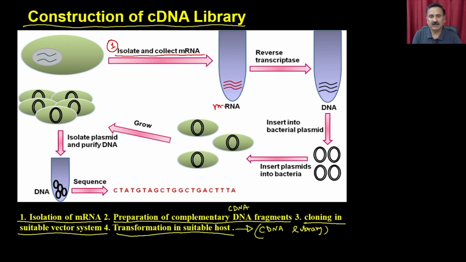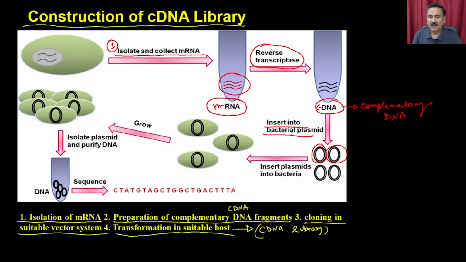Once you have the messenger RNA from the cell, which is the total messenger RNA, you use it with the help of the enzyme reverse transcriptase to synthesize the DNA which is called cDNA. cDNA means complementary DNA, complementary to all the messenger RNA you have isolated. Once you have the complementary DNA, you can insert that into bacterial plasmids or other suitable vectors.